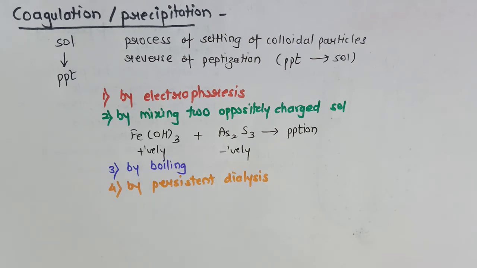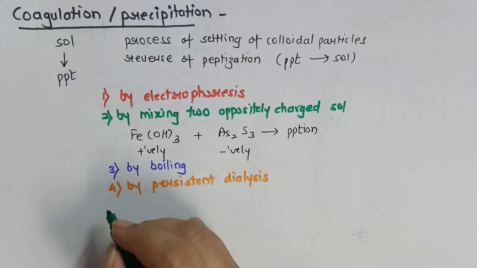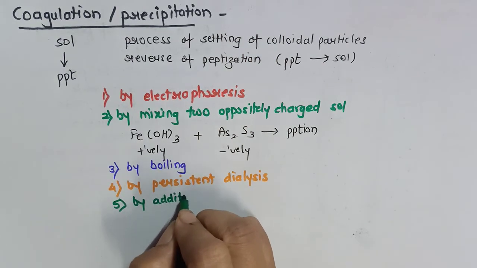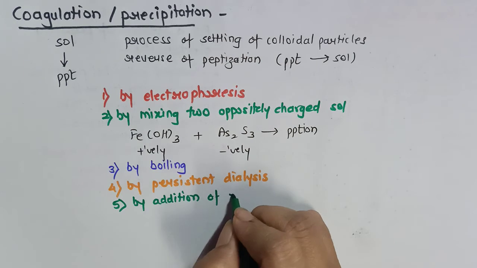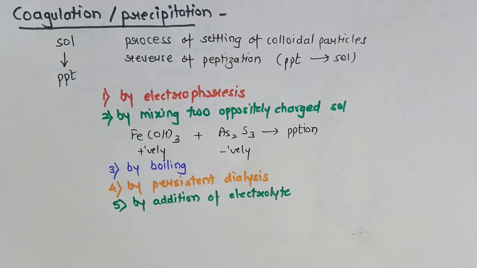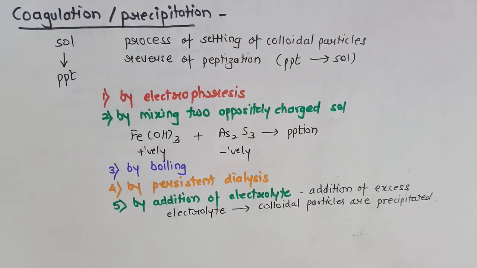But the most important one is by addition of electrolyte. This we have seen earlier also. If we add any electrolyte to a sol, it will be converted into a precipitate.